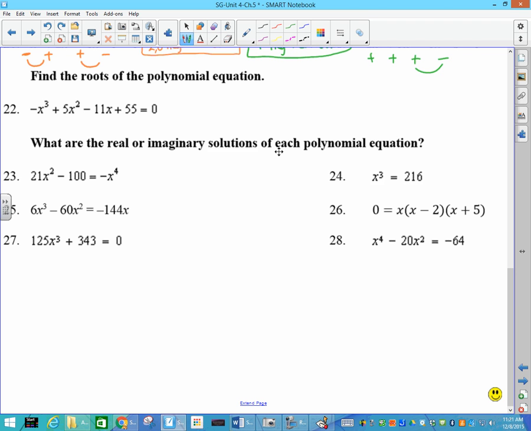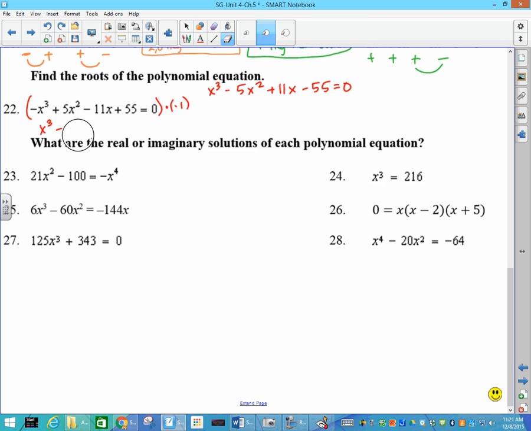Okay? Now, when I look at this, first off, I'm not going to deal with a negative number, so I am going to multiply everything by -1. So that's going to give me x cubed minus 5x squared plus 11x minus 55 equals 0.